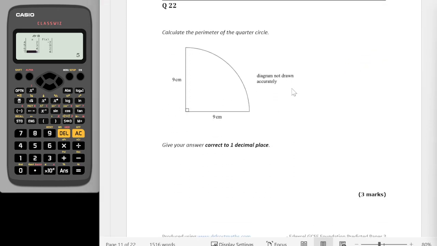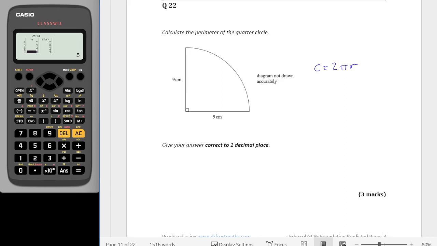Okay, question 22. Calculate the perimeter of the quarter of a circle, giving your answer correct to 1 decimal place. Well, the perimeter of a circle, the circumference of a circle, is going to be equal to 2 pi r. And we want to find a quarter of that.